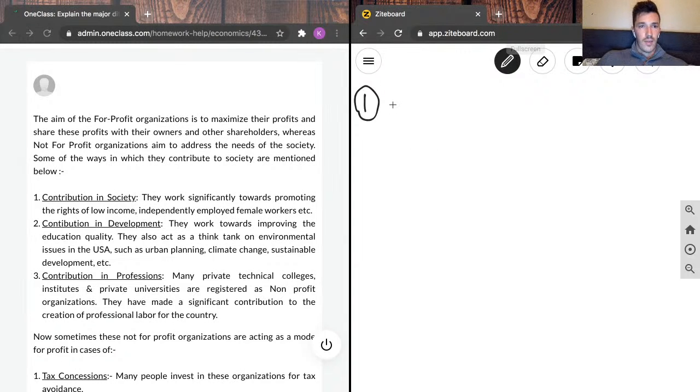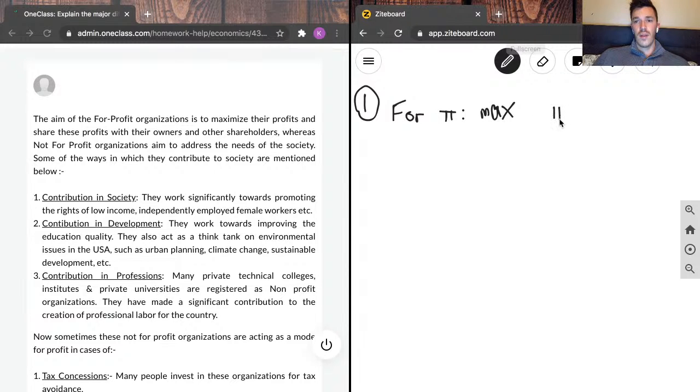And I think that's actually very important, so I'm going to write that over here, and denote profit with the symbol pi. So for-profit, their objective is to max profits. Most of the economics work you're going to do is with profit maximizing firms.